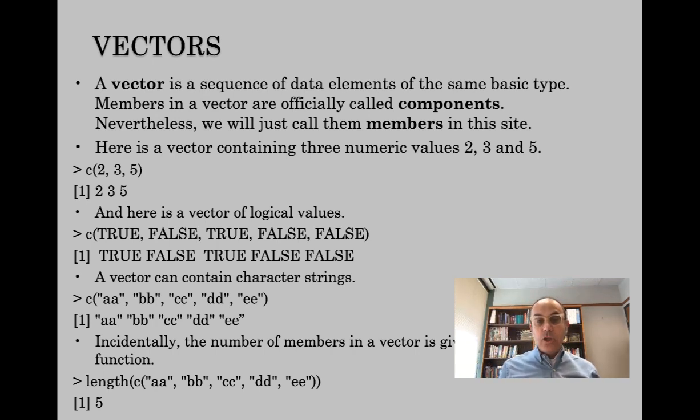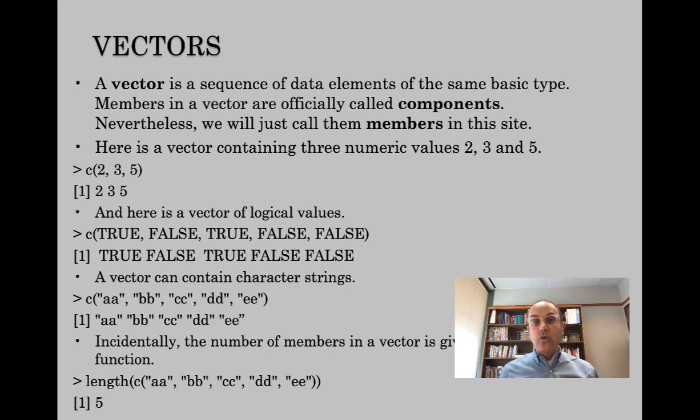Another aspect of R is the vector. A vector is a sequence of data elements of the same type. For example, 2, 3, and 4 is a vector. The numbers in the vector are usually called components.